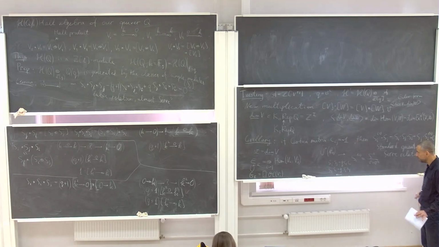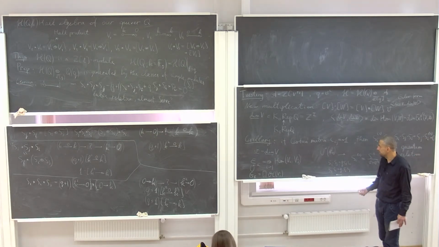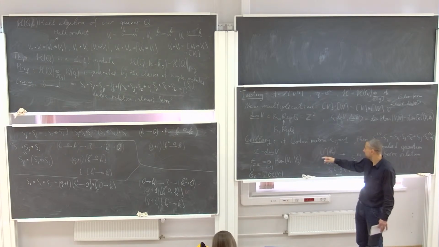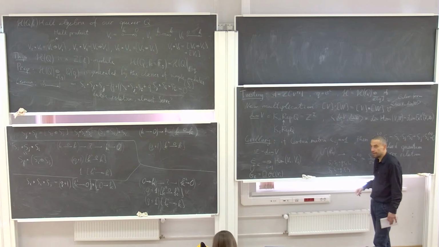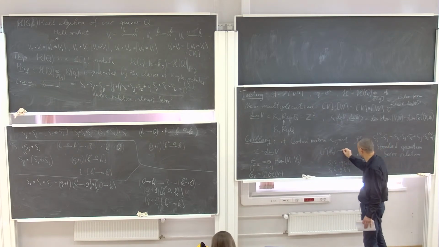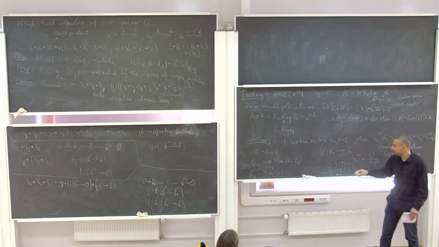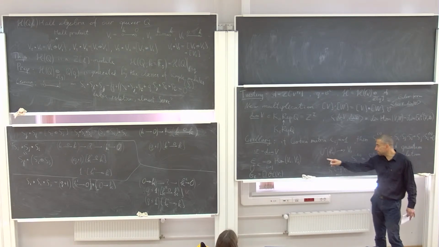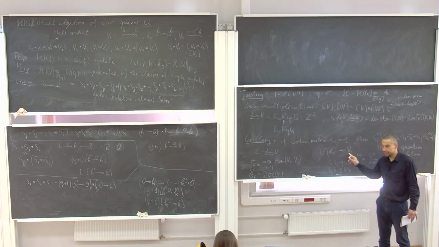Take also a finite dimensional representation. Then you can act by this algebra on the lowest weight vector, so it surjects onto any finite dimensional representation. And this canonical basis is very well adapted to such surjections.